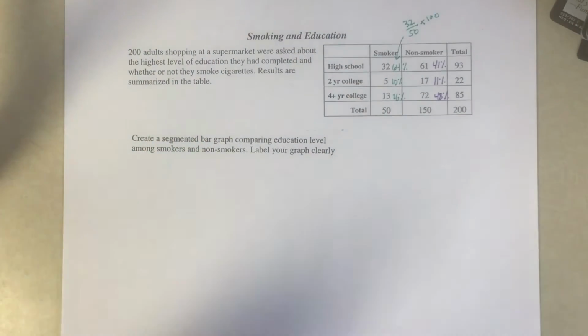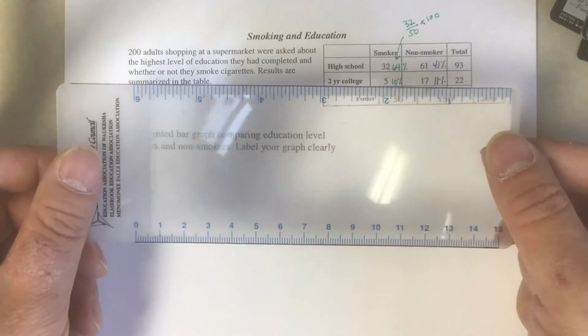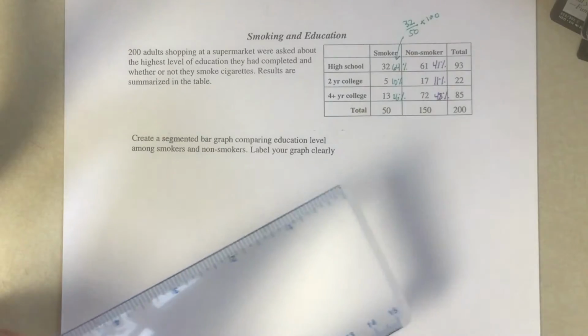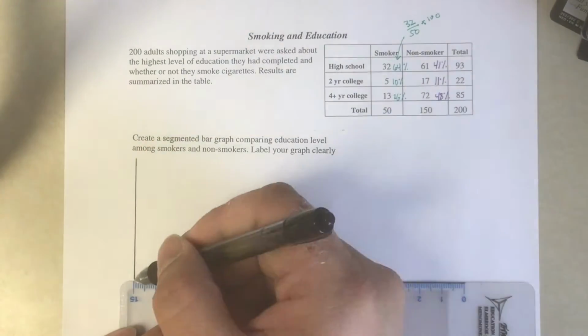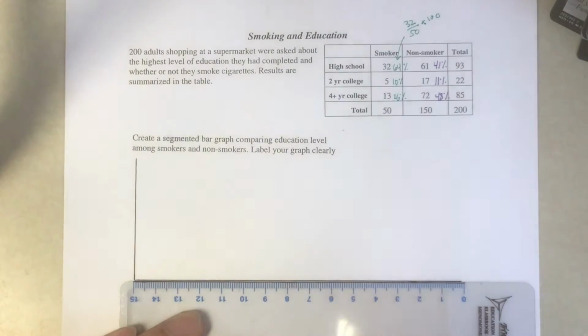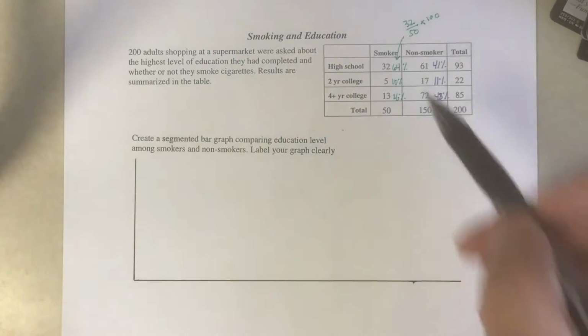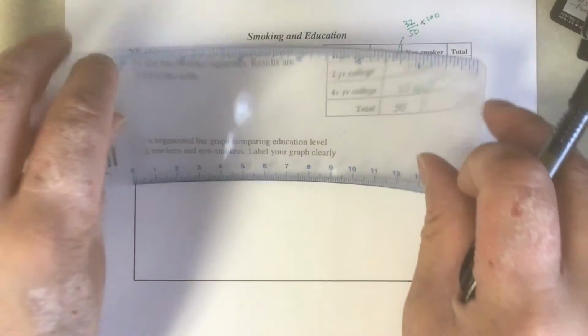So to do that, I'm going to use a ruler and I'm going to use the centimeter side. All right. So let's draw the axes here. So we've got our axes, and in this case we're going to work with smoker, non-smoker. So I'm going to need 2 bars.